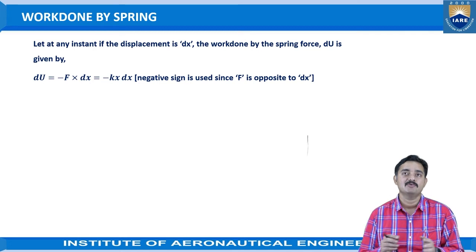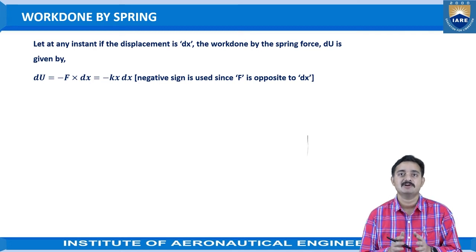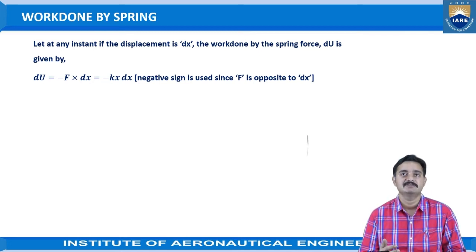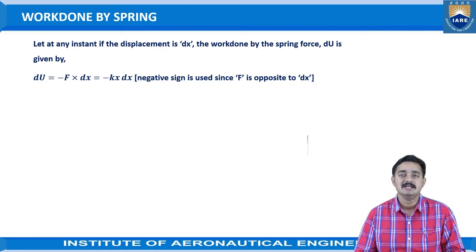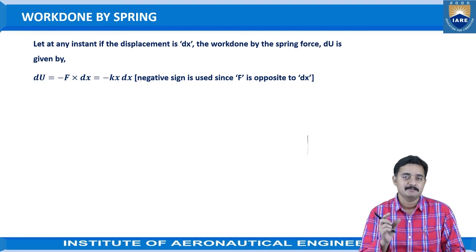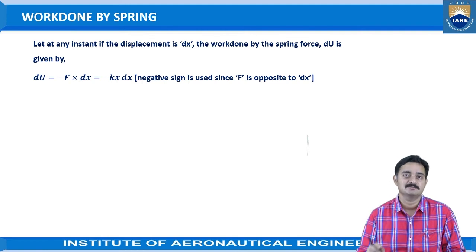Here we are applying the work done equation: work done is equal to force into displacement. The negative symbol for F is used here because when the spring is compressed, the direction of the force in the spring is opposite to the direction of the displacement.